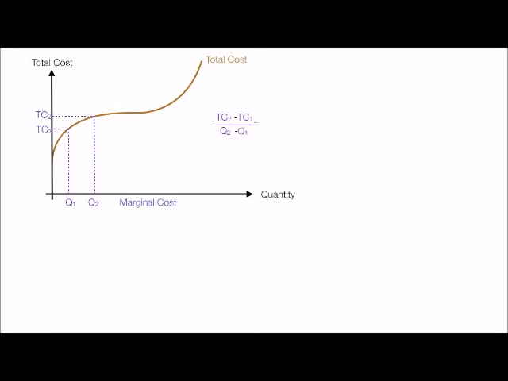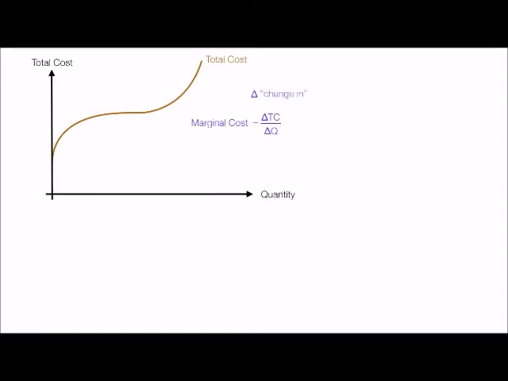You probably recognize that this is the same as the rise over the run, which is equal to slope. In other words, the change in total cost divided by the change in quantity is equal to the marginal cost.